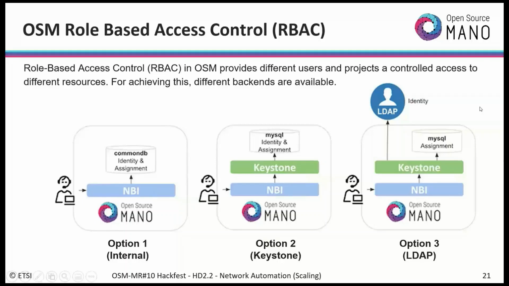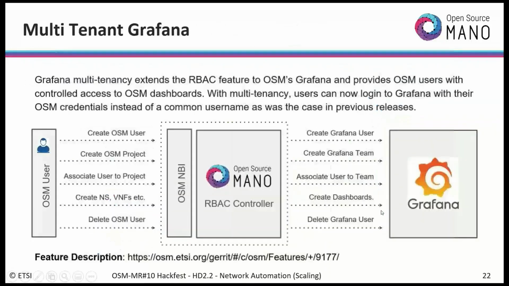And the third is that, for a case like this small business, I already have an LDAP. So you're already seeing the LDAP as an example here. You have an LDAP to keep your user details, and that gets connected to Keystone, and you're able to connect to the API.